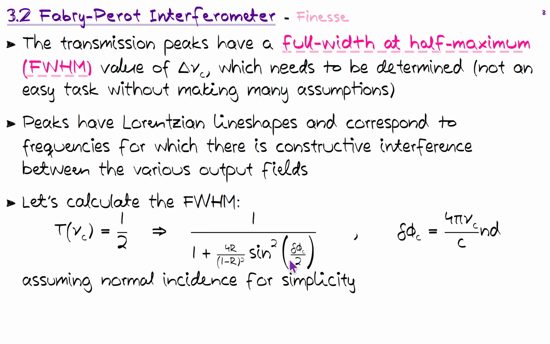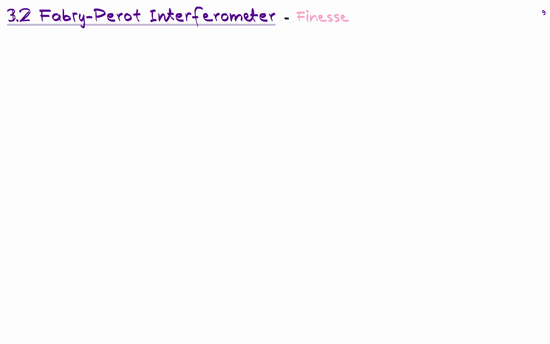This is now the transmission function, and we want to find out at which value we have this condition, that being 1/2. For simplicity, let's assume normal incidence. We can finally replace the D term with D cosine theta, but for now it's simpler to do the math by assuming normal incidence. We can always generalize, but right now it's simpler to do the math without considering the general case.